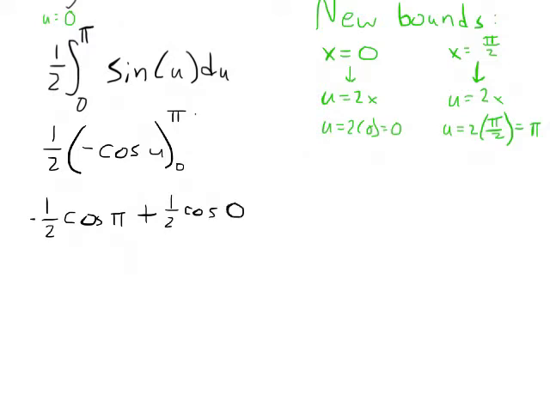Note I'm just plugging in pi first and then 0 second. Cosine of pi is negative 1, so this ends up being 1/2 plus, and the cosine of 0 is 1, so this is another 1/2. So my final answer is 1. And that's the end of the problem. We're done.